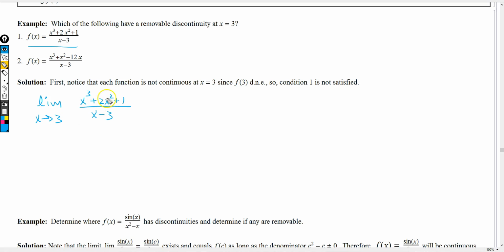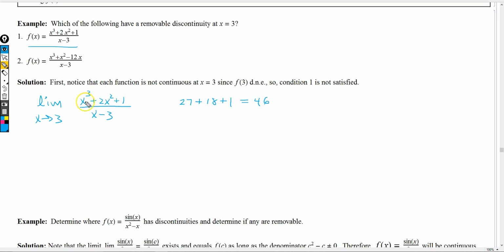Well, let's see. As x approaches 3, what's the numerator doing? This is approaching 27 plus 18 plus 1, right? If I plug 3 in for the x here, and I just add the 1 to it, we get 46, right?